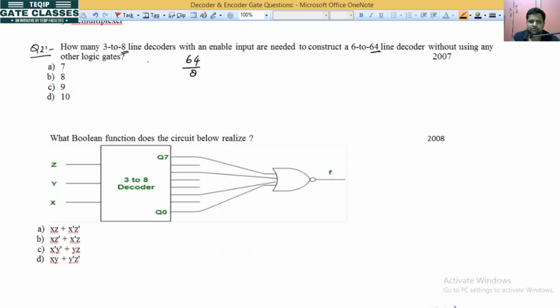So the output is 64 here and the output of the 3 to 8 line decoder is 8. So you divide 64 by 8, you will get 8.